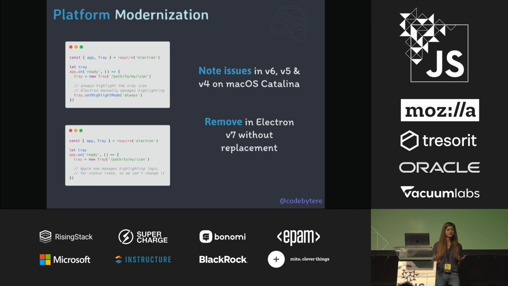By necessity, this is a breaking change. What we chose to do is to remove this method from Electron version 7 without replacement, since at the time, it was in an early beta, and so we wouldn't be breaking our API contract by doing so. We then noted that the tray would experience display issues in older versions of Electron, and encouraged users to update where they could.